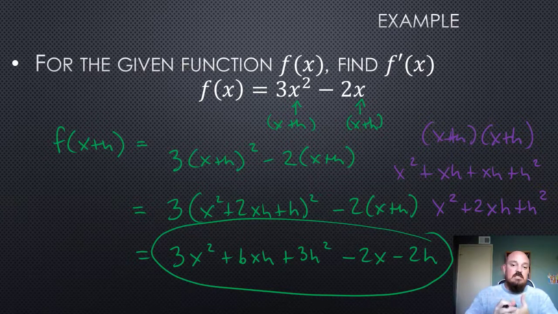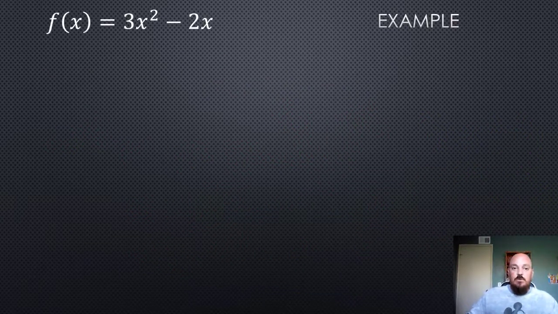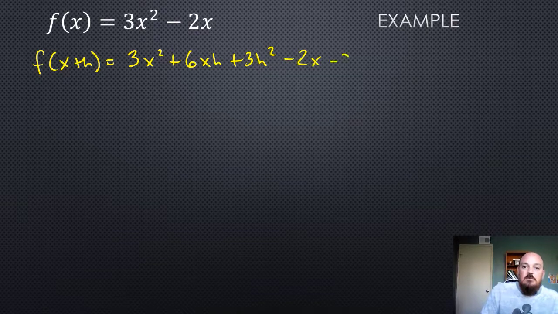I'm going to go to a new screen because I ran out of space. So basically what I have so far, this was the original question from the problem. What I just found from my work was that f of x plus h equals 3x squared plus 6xh plus 3h squared minus 2x minus 2h.